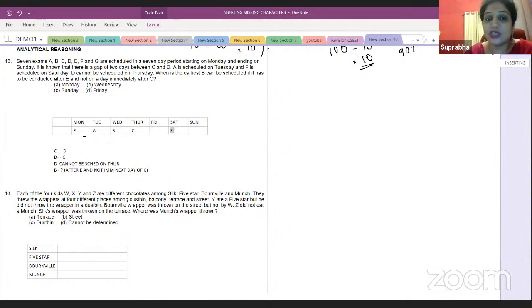So there is a 2 days difference between C and D. And why can't it be D and C? Because D cannot come on Thursday. Okay, so F is already given to Saturday, hence the left out subject is G, so G comes to Friday. To answer my question, when can B be scheduled at the earliest? B can be scheduled at the earliest on Wednesday.